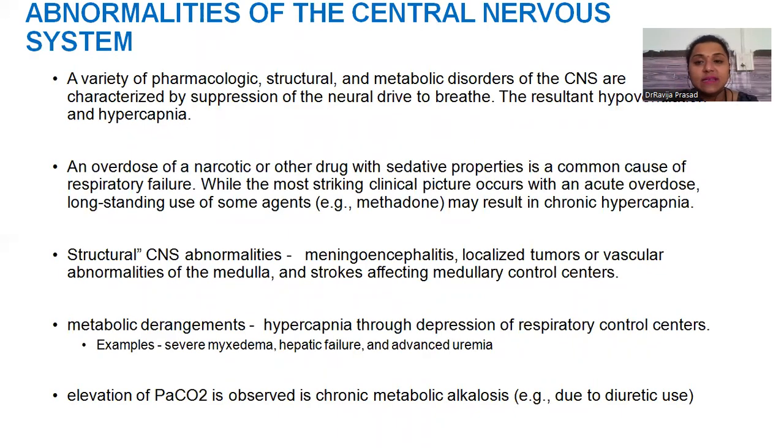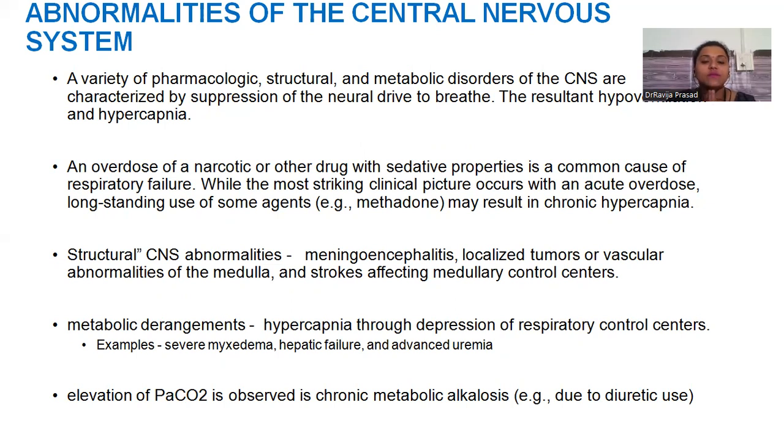The abnormalities seen in the central nervous system. First, a variety of pharmacological, structural, and metabolic disorders of the CNS are characterized by suppression of neural drive to breathe, resulting in hypoventilation and hypercapnia.